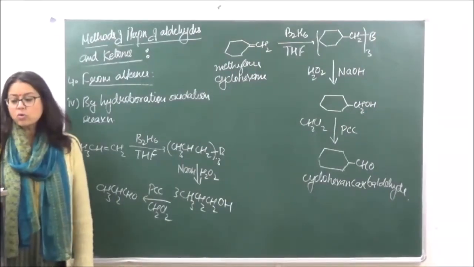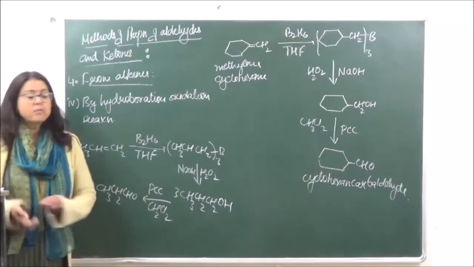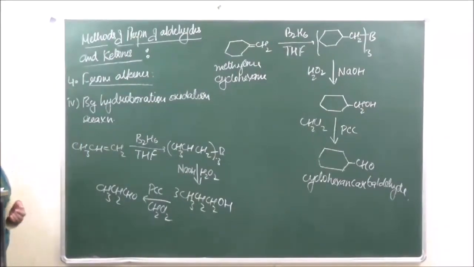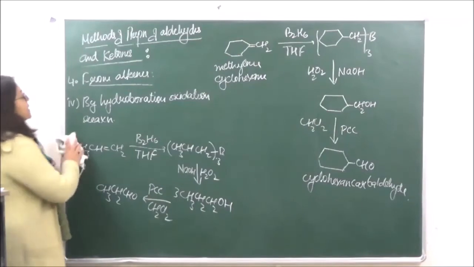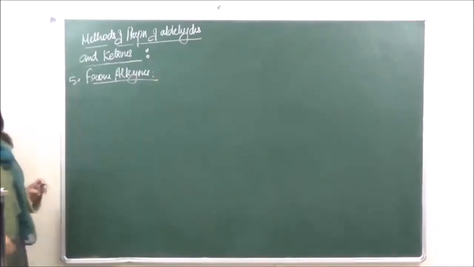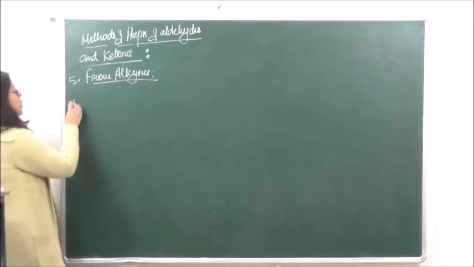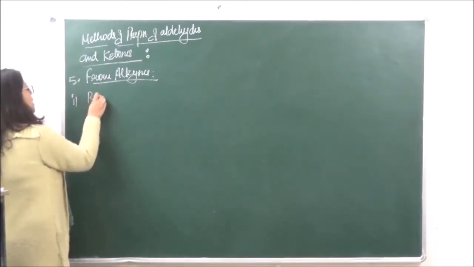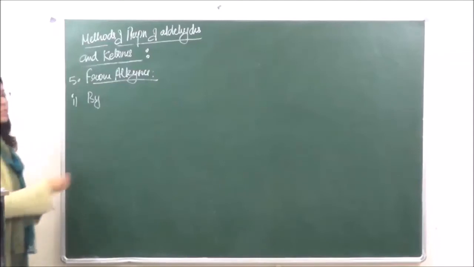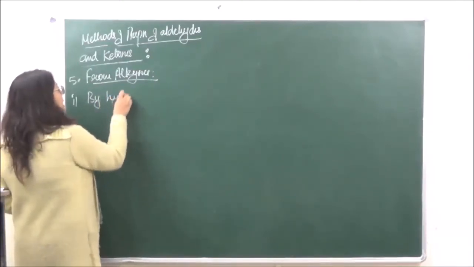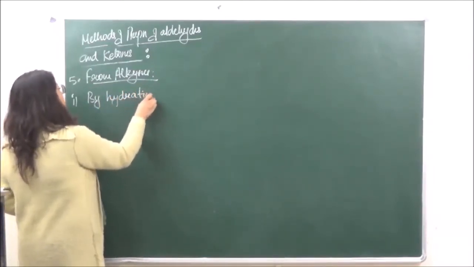So the reaction is going to be same. Okay? Now, number 5, we go on to preparation from alkynes. Preparation from alkynes. Now from alkynes, the first method of preparation is by hydration. Hydration means adding up of a water molecule.